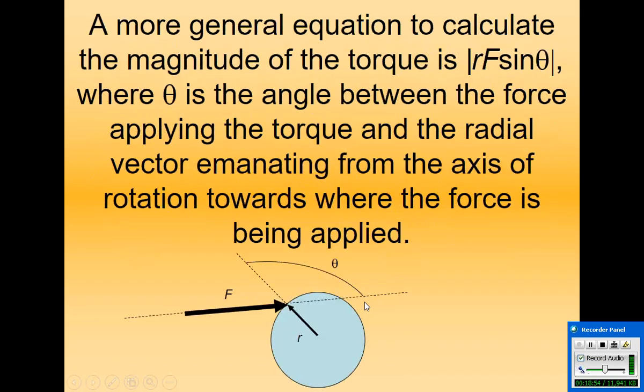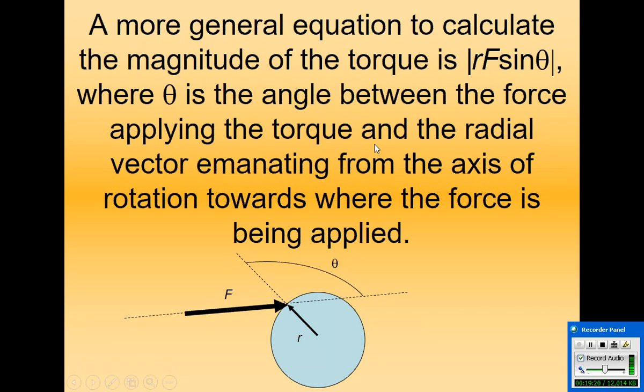So, what's the best equation for torque? That takes into account the location and the strength of the force and the angle at which the force is applied. And it turns out it is R F sine theta, where theta is the angle between the force and the radius, the value of R. R points in a particular direction.